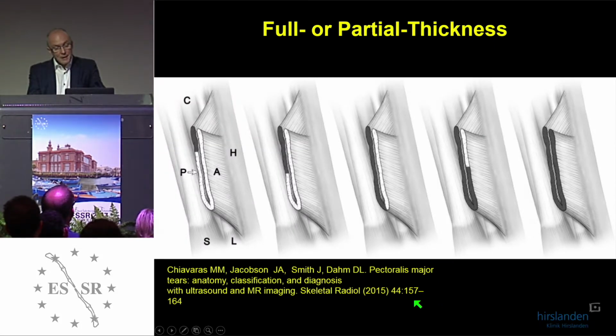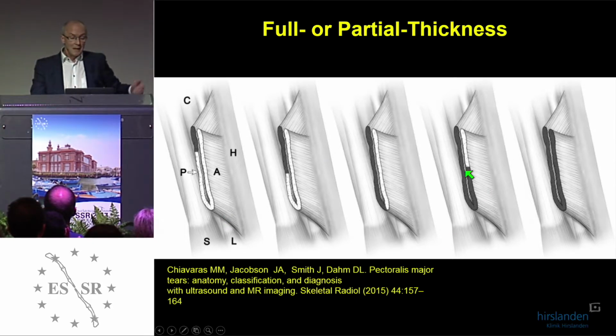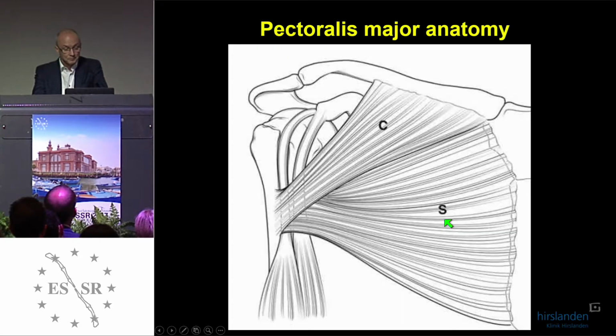And based on this concept, the tear can be in the posterior layer or in the anterior layer. It can be completely torn or incompletely torn. This can be seen, but I'm not sure if it can be seen on MR images. What I have seen, I could not do. It's possible that with ultrasound, with the high resolution, that can work.